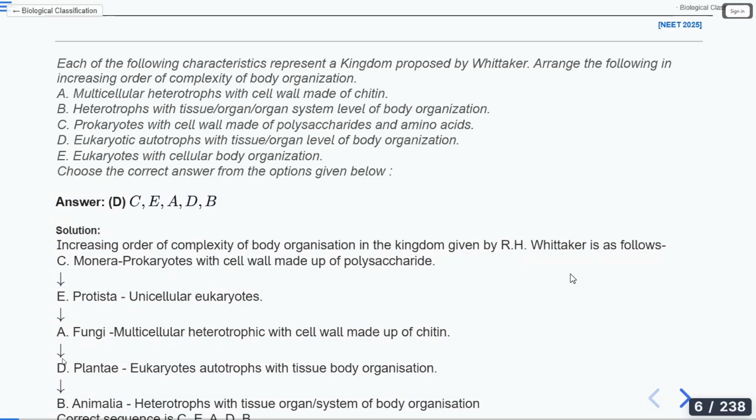And where else can you see this chitin? Can anyone answer? You can see chitin in the cell wall of fungi. Where else can you see chitin? In which other group of organisms can you see chitin? Yeast. Any other answers?